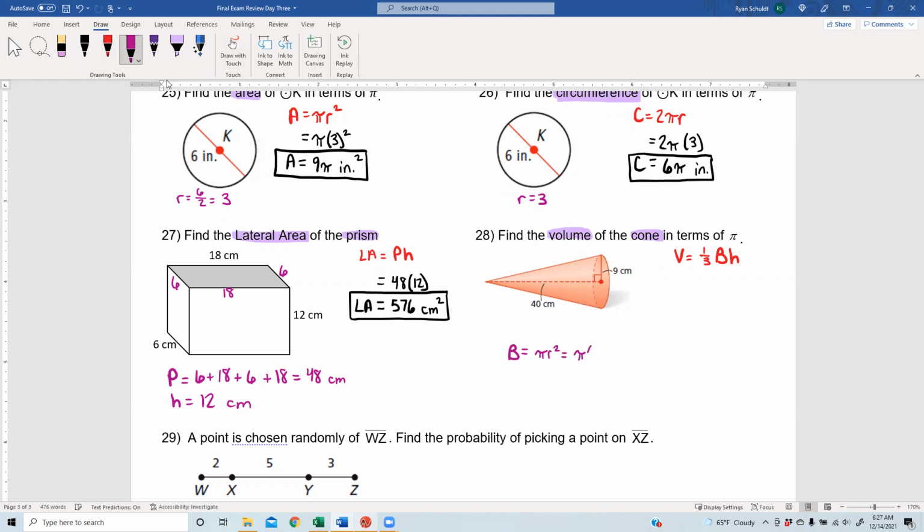So pi times 9 squared gets you 81 pi centimeters squared. The height of the cone is 40 centimeters. We have everything we need, so let's plug in. So it's going to be 1/3 times 81 pi times 40.